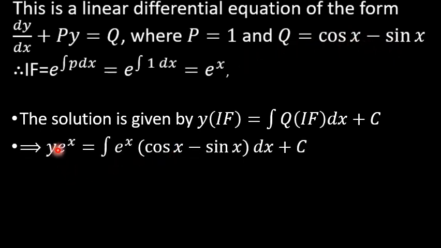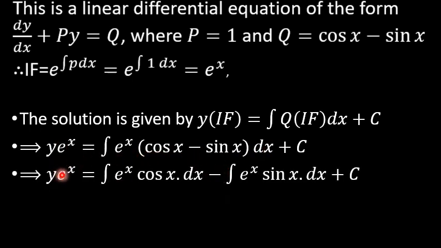Therefore, the solution is y into integrating factor, that is y into e to the power of x, is equal to integral of q, which is cos x minus sin x, into integrating factor e to the power of x, plus c. That is, we are supposed to integrate e to the power of x into cos x minus sin x, plus c.